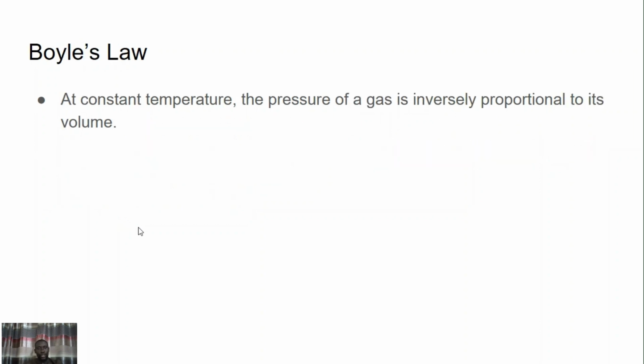I'll start with Boyle's law. Boyle's law states that at constant temperature, the pressure of a gas is inversely proportional to its volume. So mathematically, this can be represented as volume is inversely proportional to the pressure.